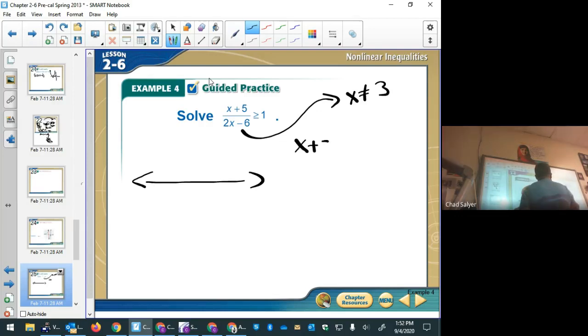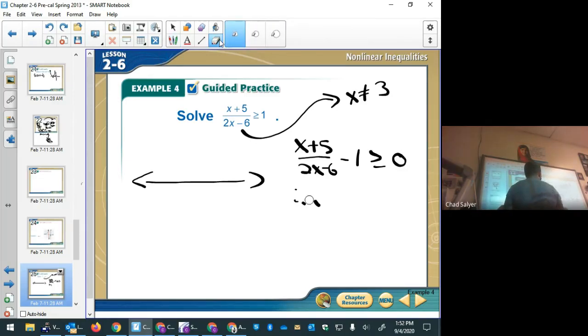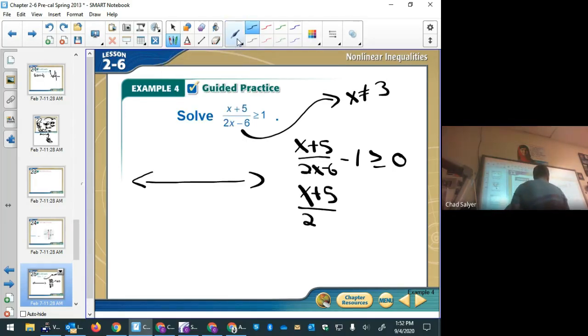So x plus 5 over 2x minus 6 minus 1 is greater than or equal to 0. X plus 5 over 2x minus 6 minus, and I'm going to multiply 1 over 1 times that denominator divided by itself.